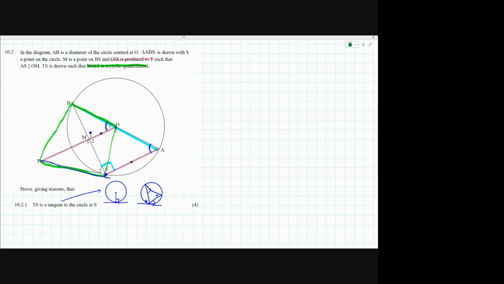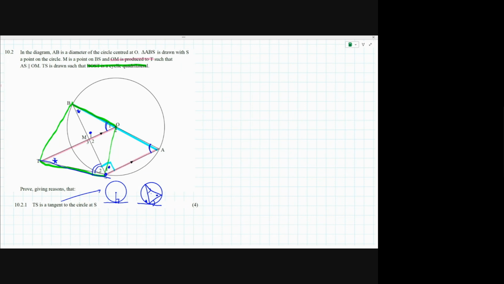Same as M1 would be equal to S1, corresponding angles. If we go to the cyclic quad, angle O1 is equal to angle S2 because of angles in the same segment, and immediately we should see that's exactly what we want to do. But we also have other angles in the same segment. Let's say angle OBM is equal to angle T.